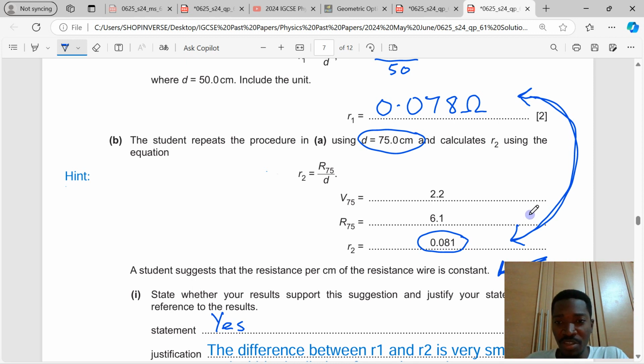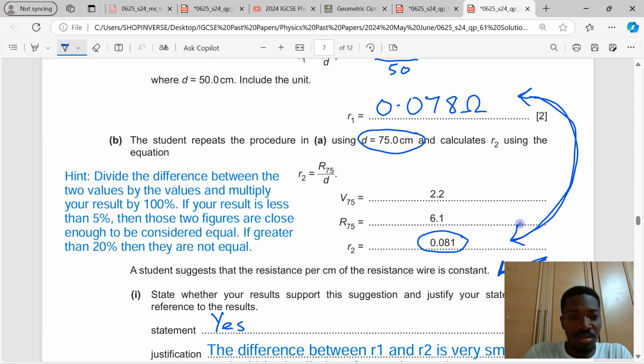But if the difference between these two is bigger than 20% of the bigger number, then you say the difference is too much to be considered equal within the limits of experimental error. Fine, during the experiment there can be errors, so you are not expected to get equal values for the two values. But when the two values are close enough, you can consider them equal.